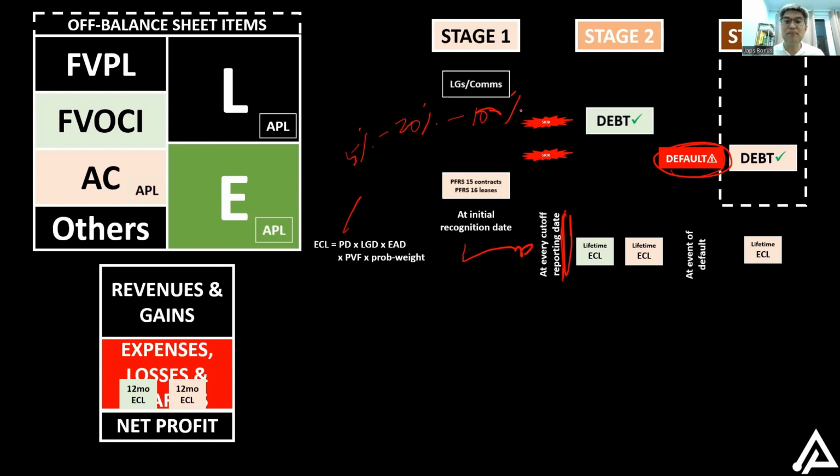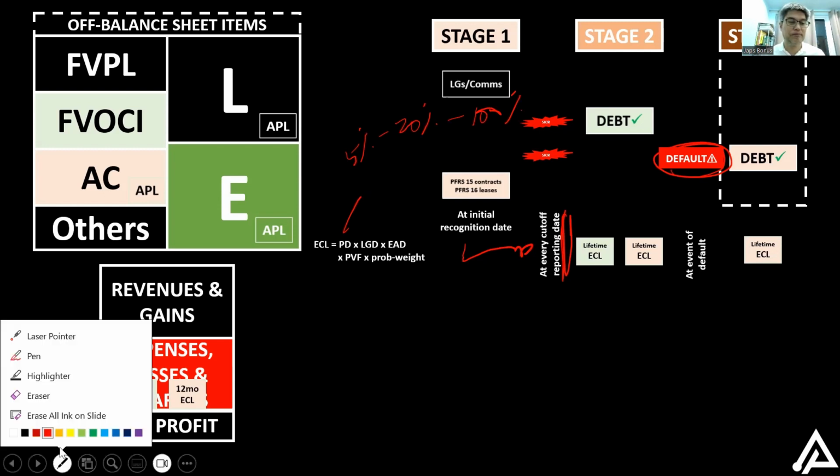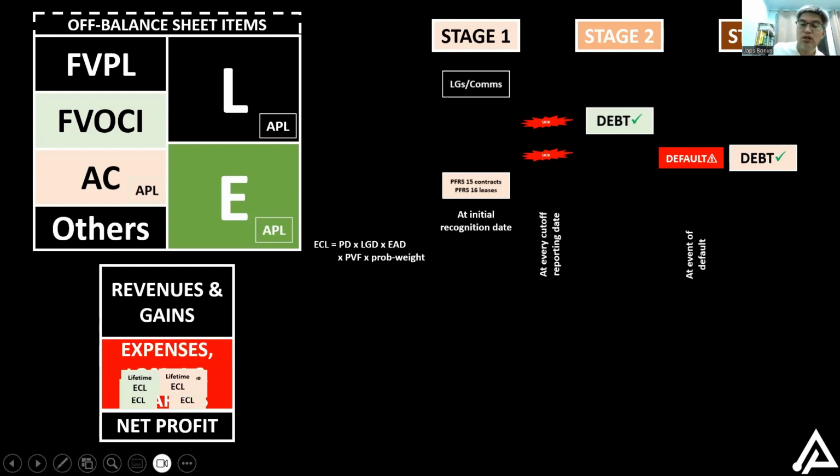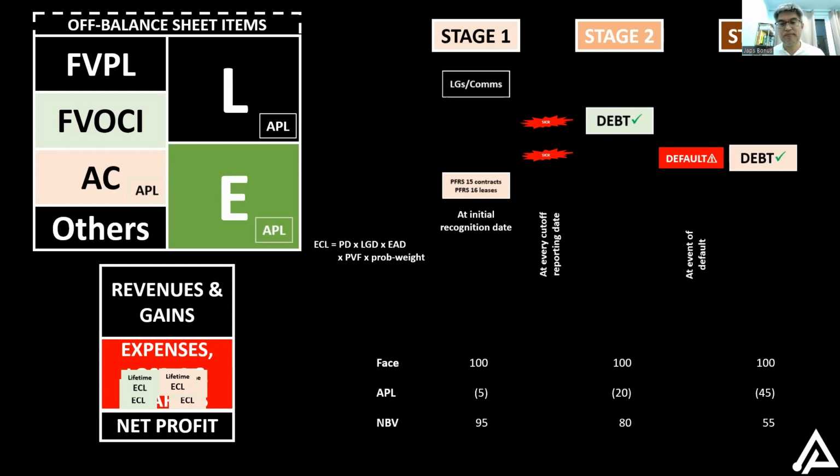Sigurado ka na magde-default yan. Or nag-default na siya. All those provisions are likewise charged against P&L. Now, as mentioned kanina, yung allowance mo naging 5, naging 20 sa stage 2, naging 45 sa stage 3.